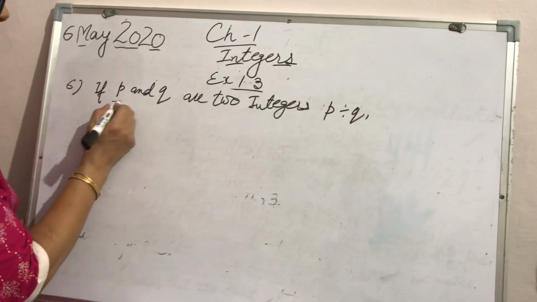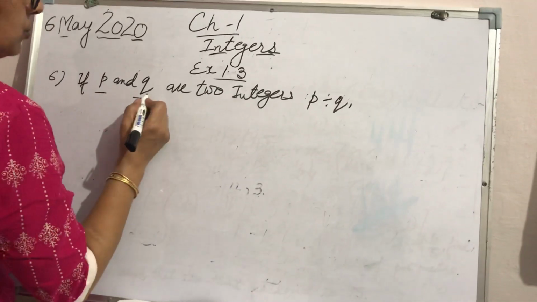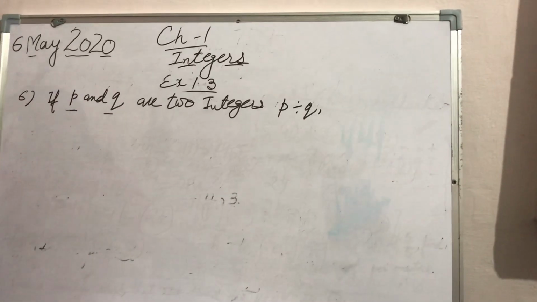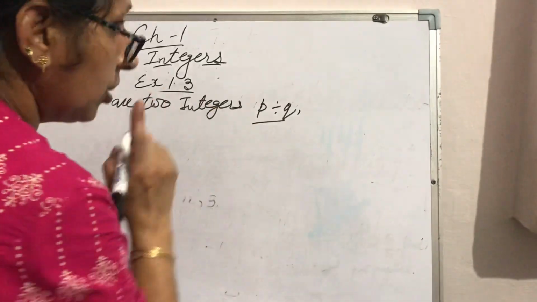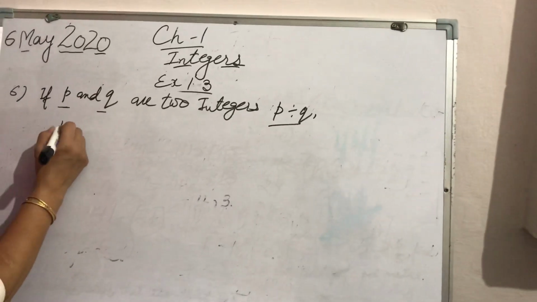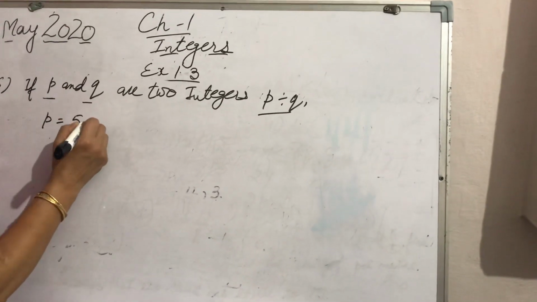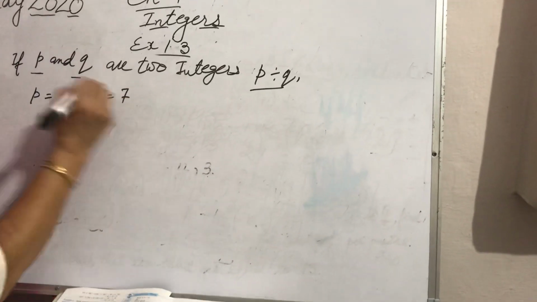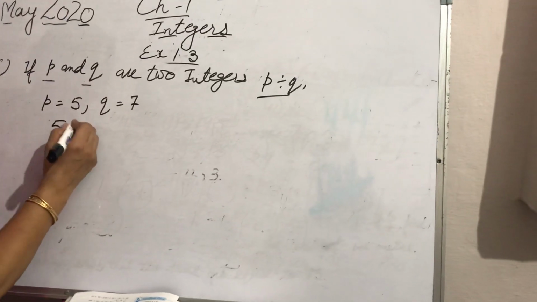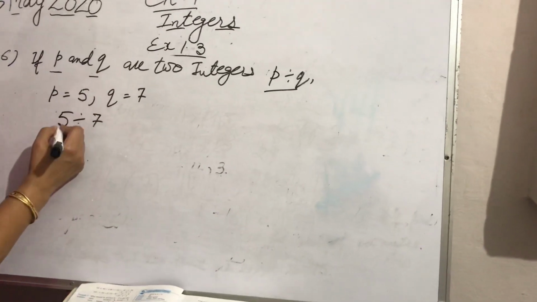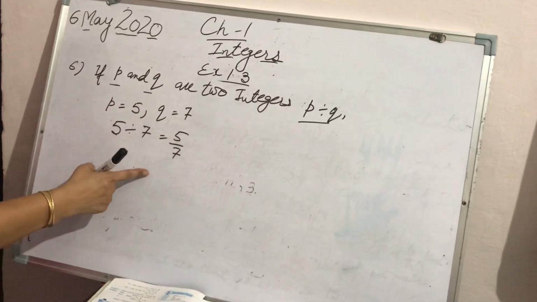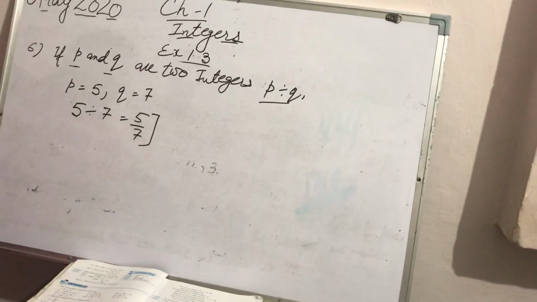If we have 2 numbers, they are integers, it's not necessary that p divided by q will be an integer. So let's take an example. Suppose we take p 5 and q we are taking 7. So p divided by q, 5 divided by 7, it will be 5 by 7. So 5 by 7 is not an integer.